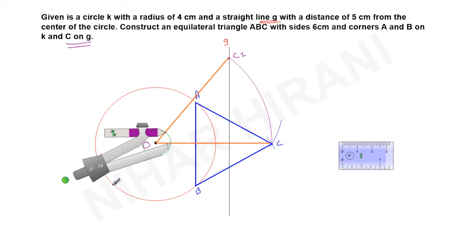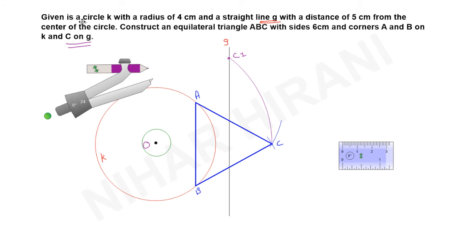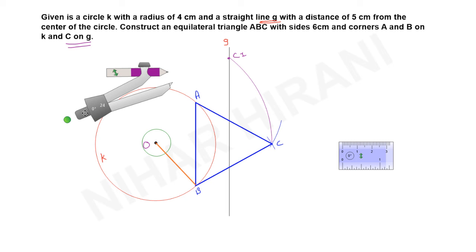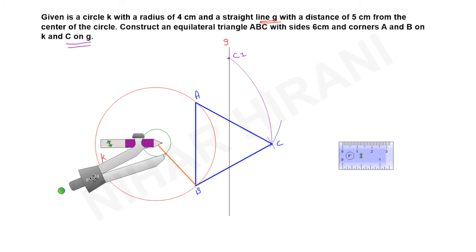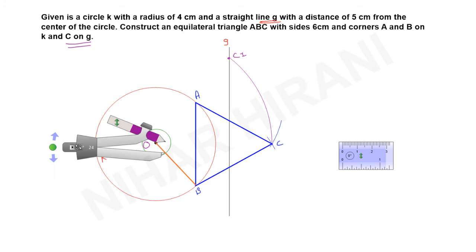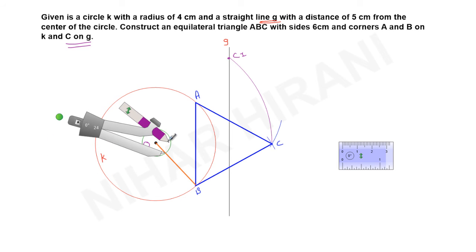Now I need to rotate this B and A the same way, isn't it? So what I will do, I will just delete this because it will create confusion. And I will connect OB now. And now my rounder is with the angle of rotation. This rounder I stretched as much as it is the angle of rotation. So I will put it here and I will rotate this B the same. I rotated C to C1, so this is the same measure.